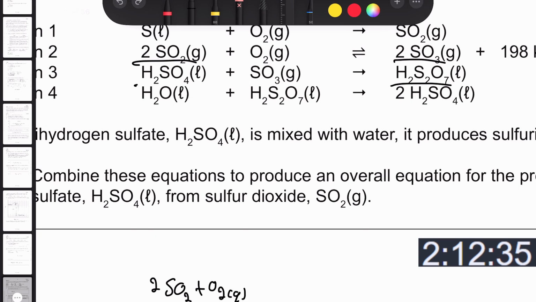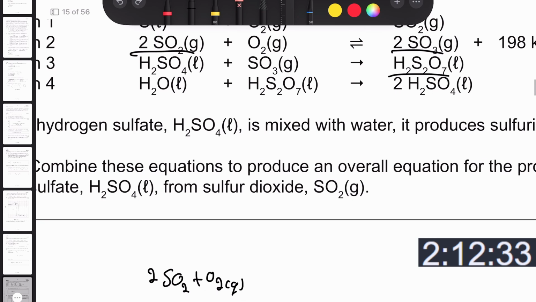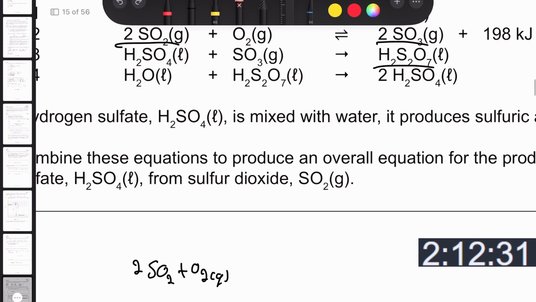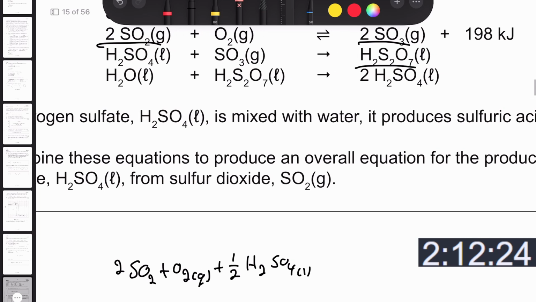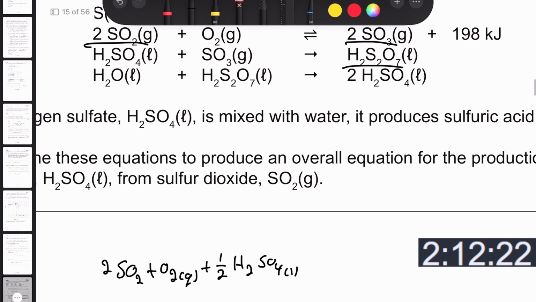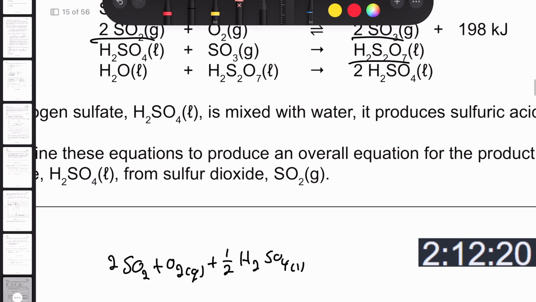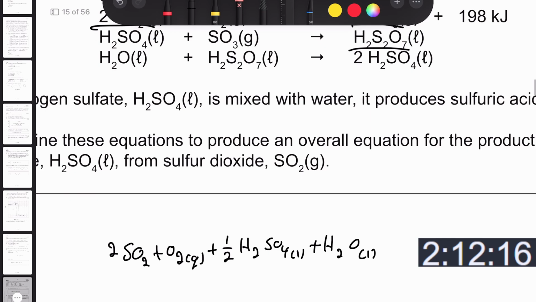Then I mix it with this H2SO4, only half. So I'll do half of H2SO4. Make that. And then I just add water. Half of it.